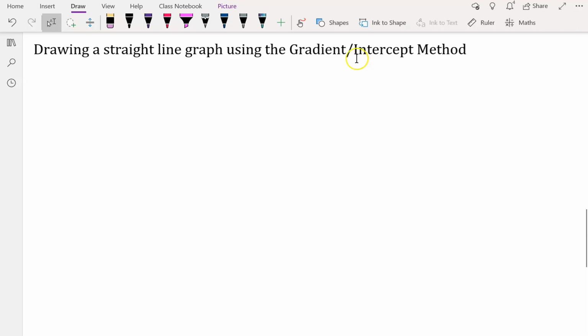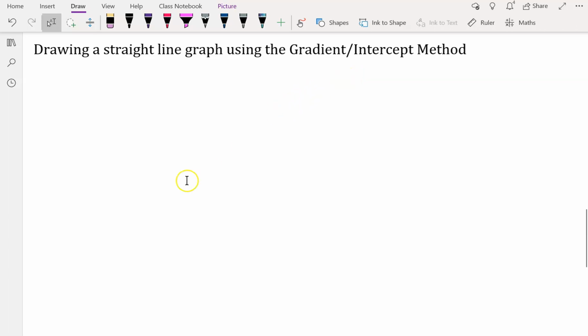In particular, the intercept that we're talking about here is going to be the y-intercept. So the gradient intercept method is a method that looks at getting the gradient of the graph and getting the y-intercept or the y-cut of the graph and using those two values to help us draw the graph.